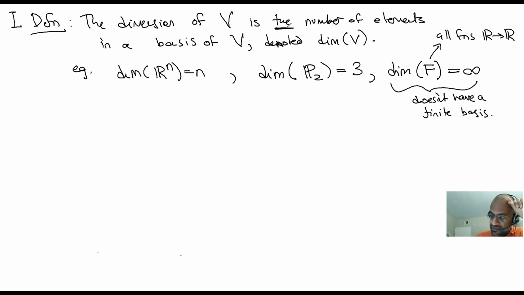So the first theorem I'm going to prove is that all bases of a vector space which has a finite dimension all have the same number of elements. So let's state that as a theorem.